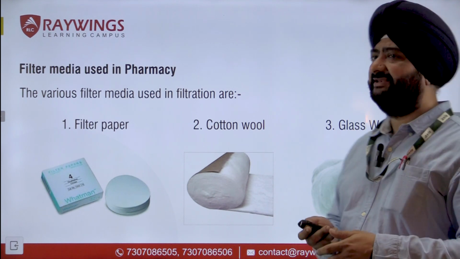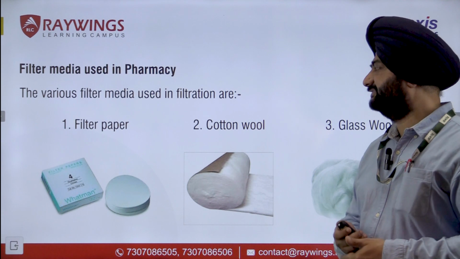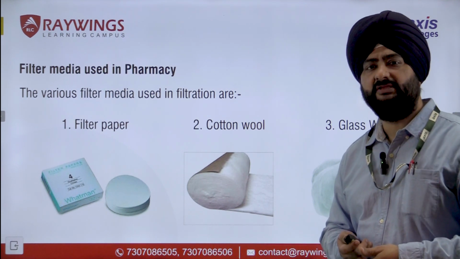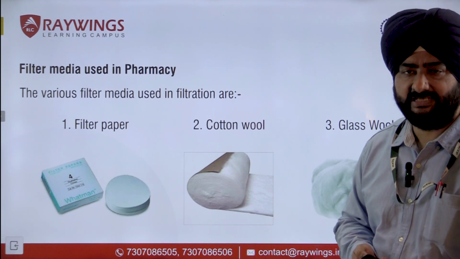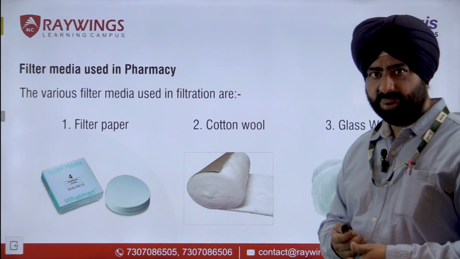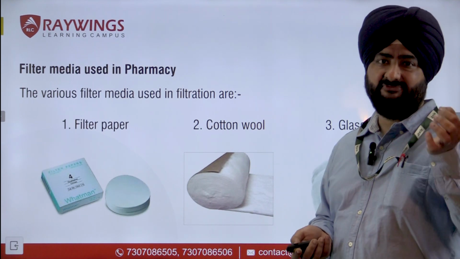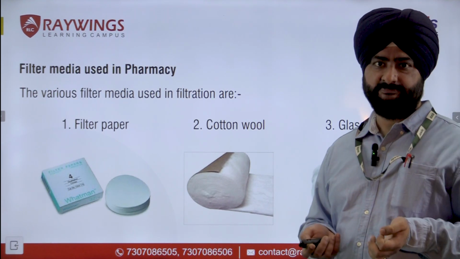Now these are the various filter media that we use in pharmacy. First is filter paper, that we also use in our labs. The filter paper is there, Whatman filter paper is there. Then comes cotton wool, then glass wool. Now what is glass wool? They are very fine fibers of glass. Why?